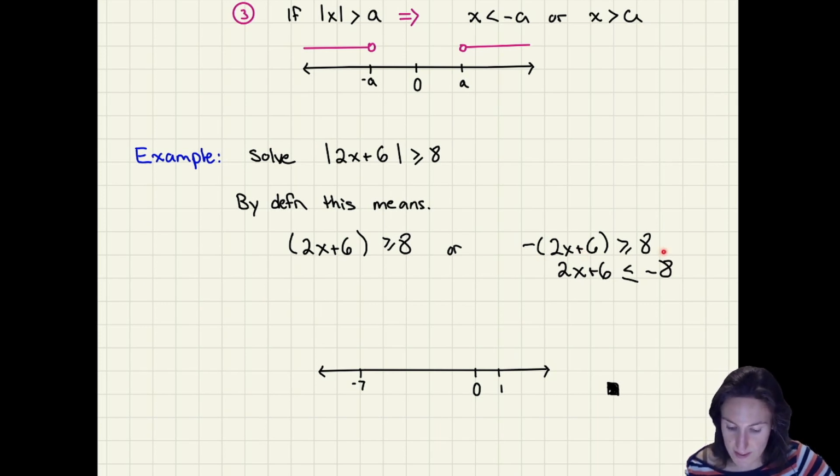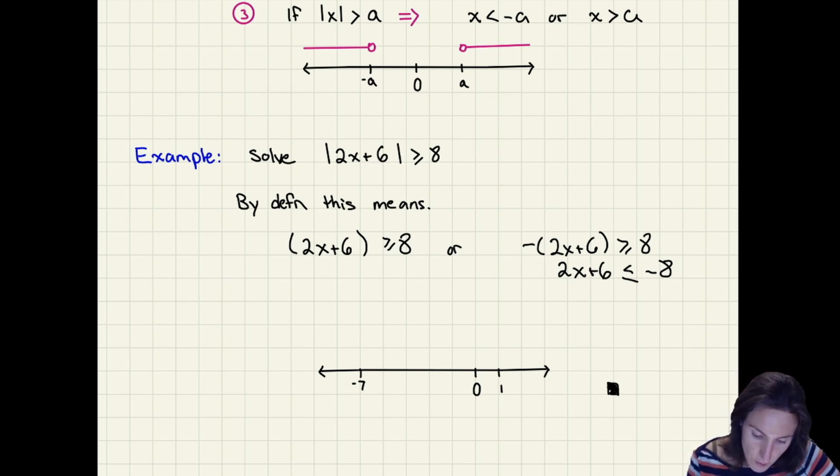You can either write it like this at first, or you can write it like this, whatever you prefer, personal preference.